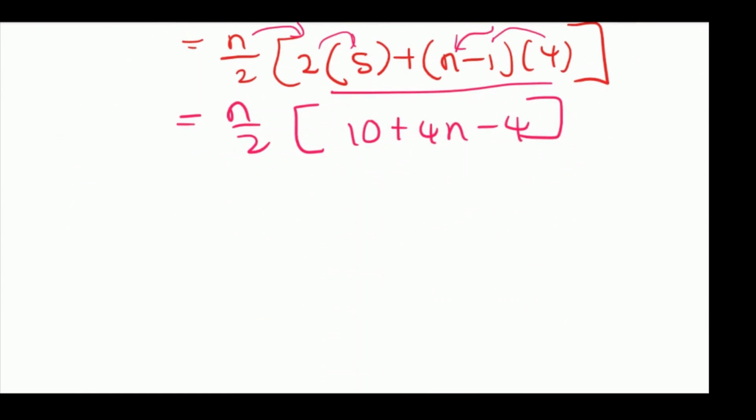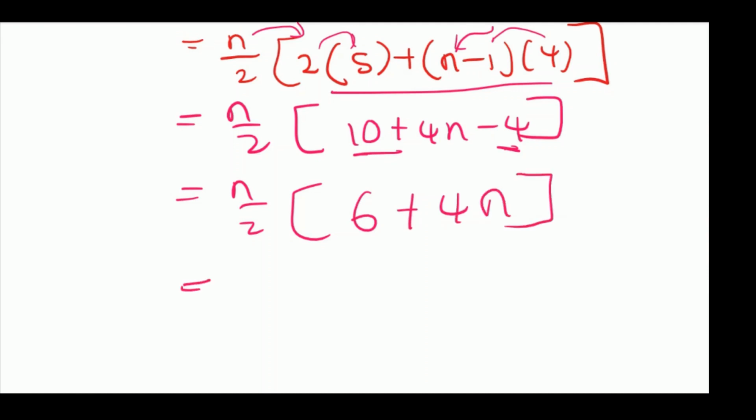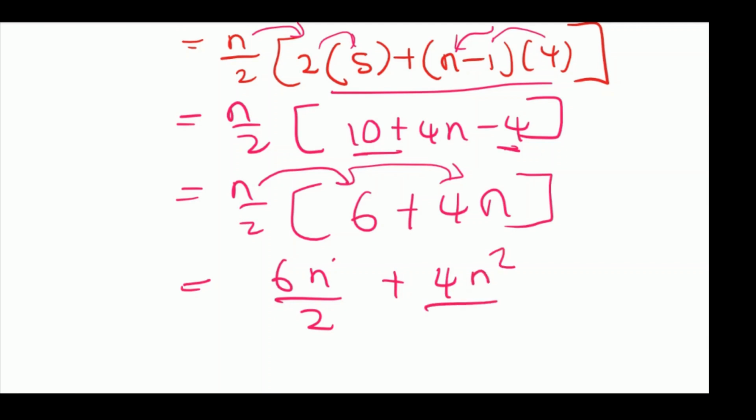Then we have n over 2 into 10 minus 4, which gives 6 plus 4n, and then you multiply the n over 2 inside, so we're going to have 6n over 2 plus 4n squared over 2.